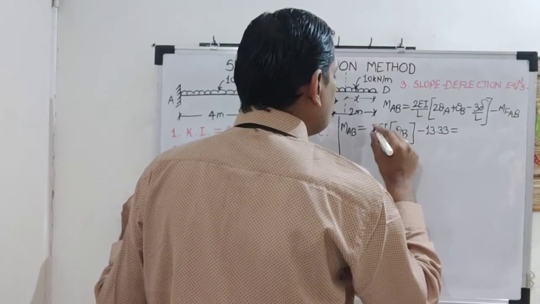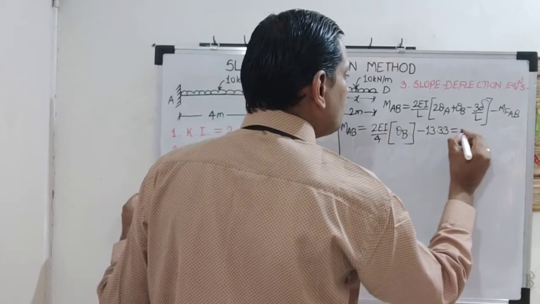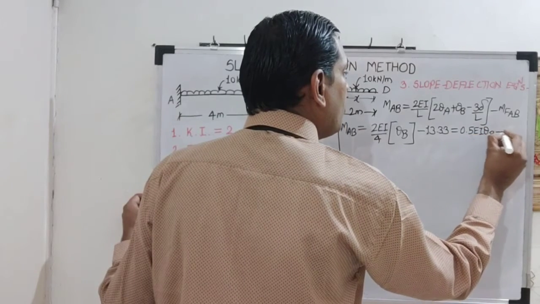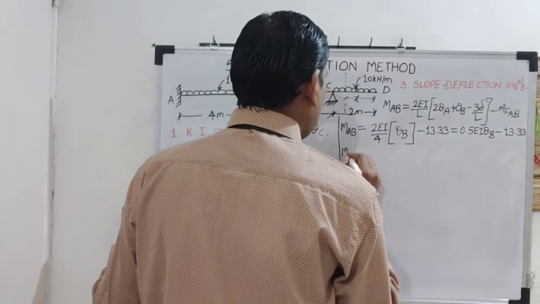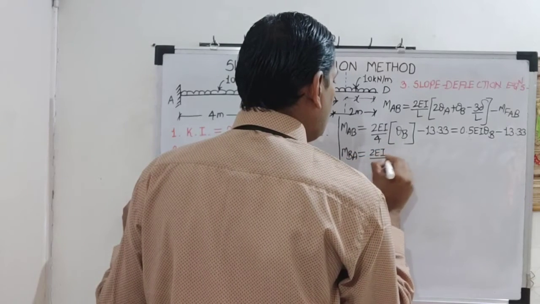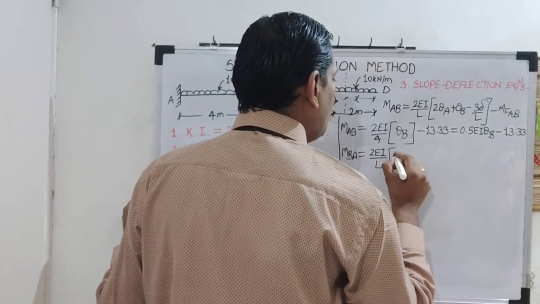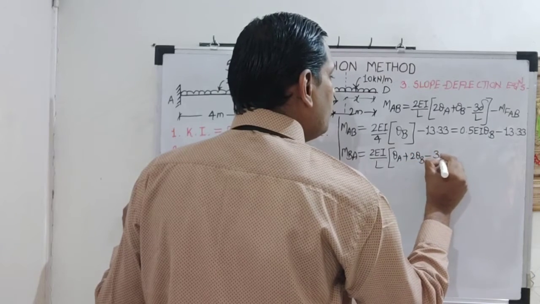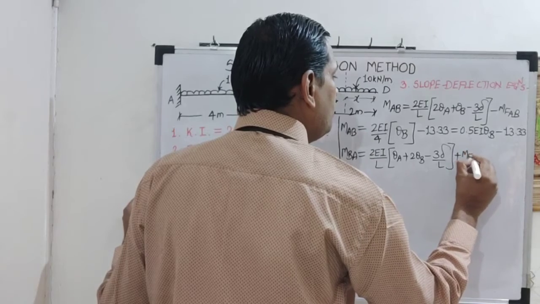So the simplification of this equation is 2 by 4, which is 0.5 EI theta B minus 13.33. Then MBA, again write the equation for MBA: 2EI by L into bracket, interchange of coefficients of theta A and theta B. So theta A plus 2 theta B minus 3 delta by L plus MFBA.